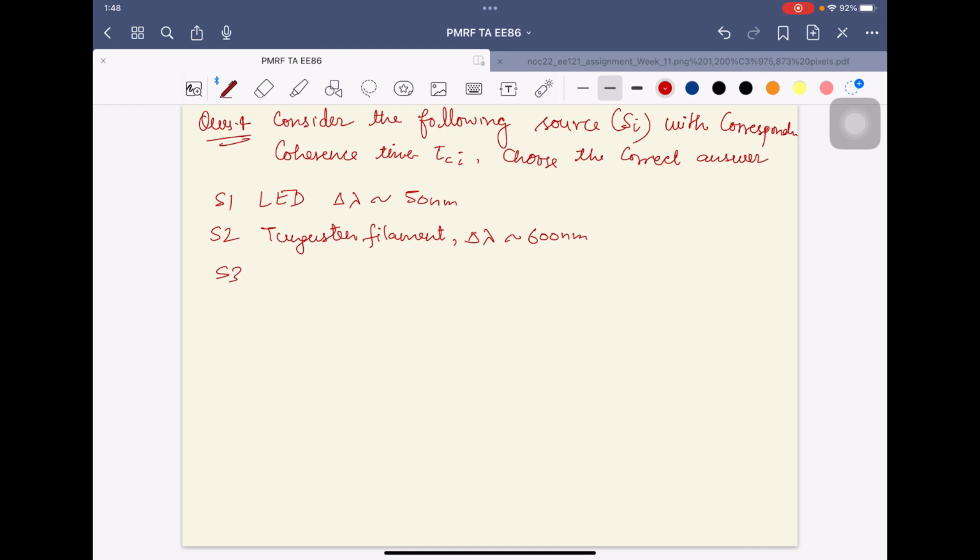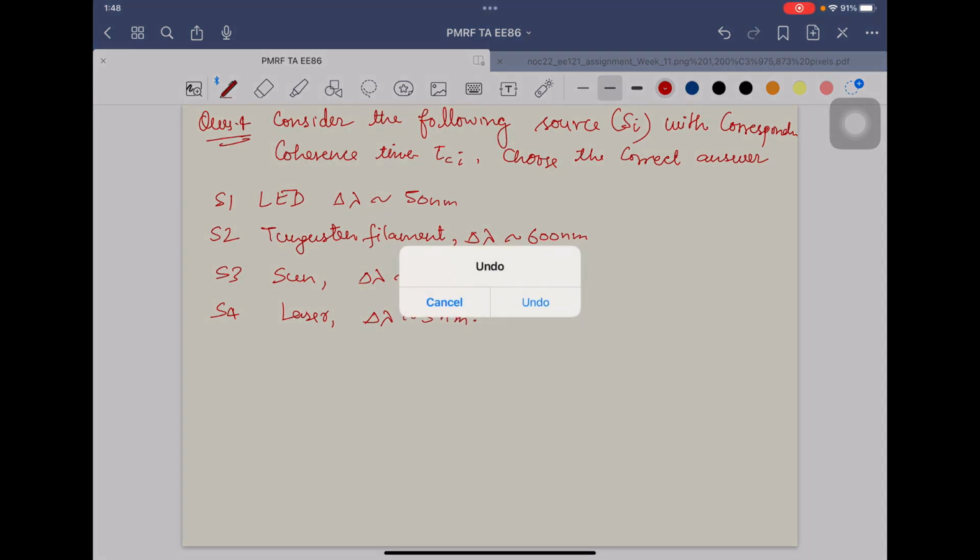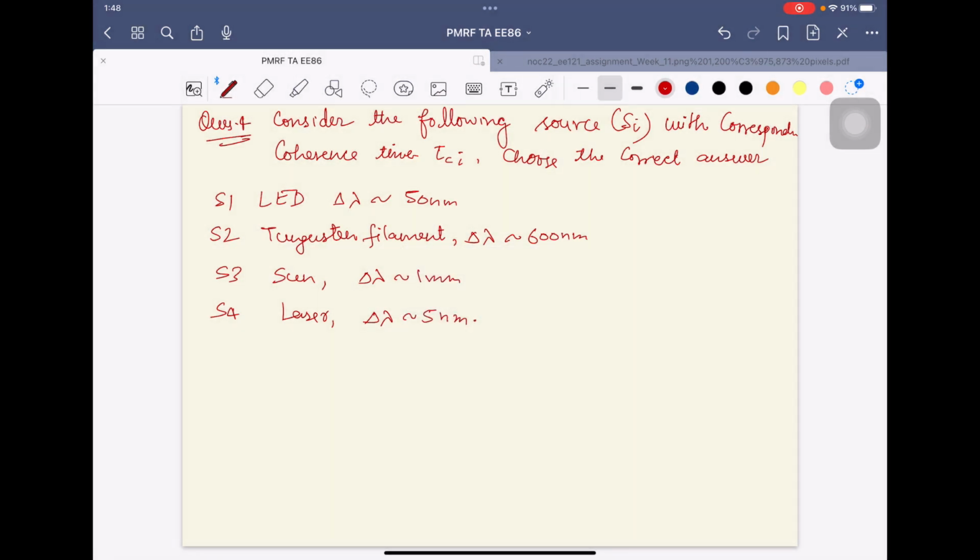Source 3 is given as the sun, whose delta lambda is around 1 mm, and source 4 is given as a laser, that is, delta lambda is 5 nanometer. So what will be the answer?